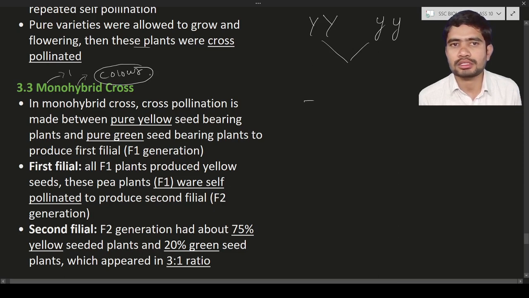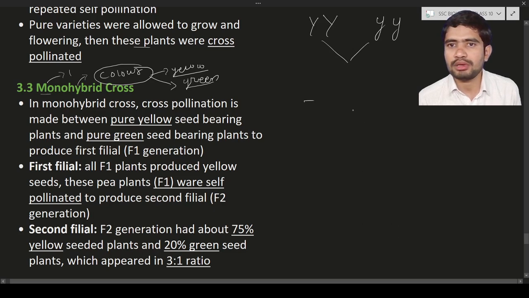The colors will be yellow and another color will be green. We are not focusing on the size of the seed or the shape of the seed. Remember, we are going to focus only on the color. So this is only one character, hence that is monohybrid.